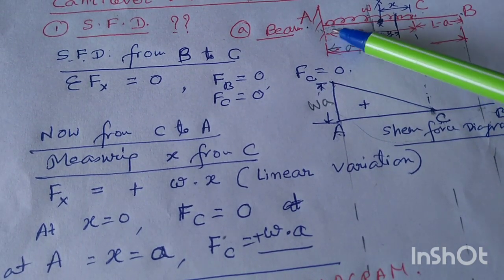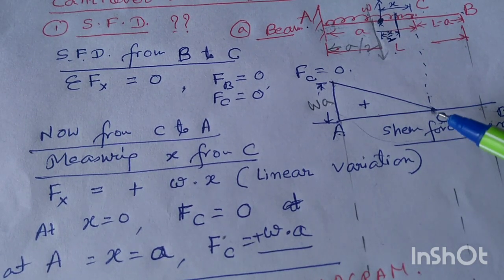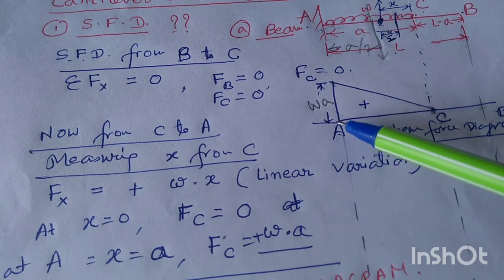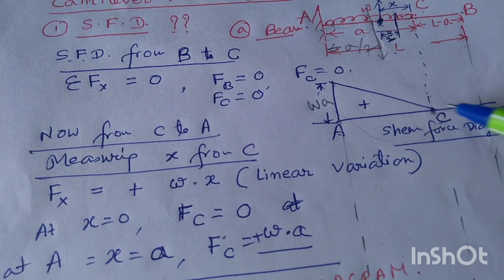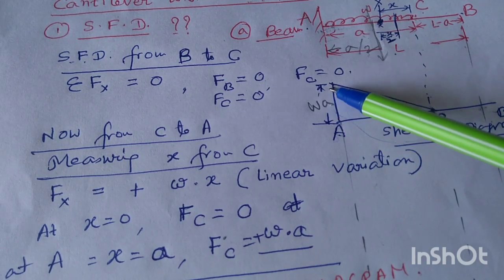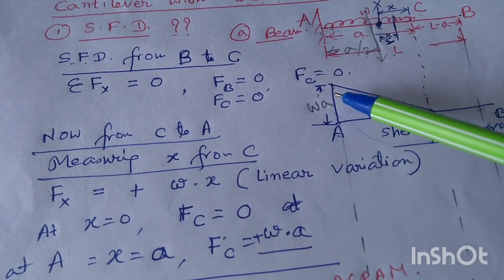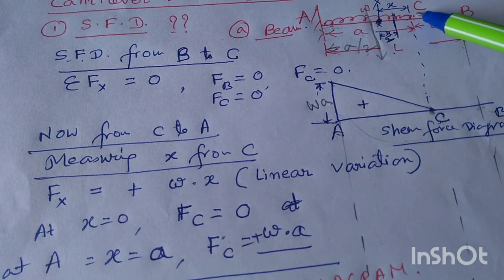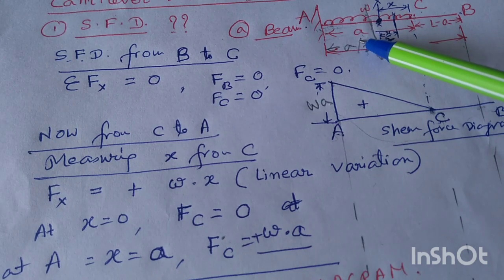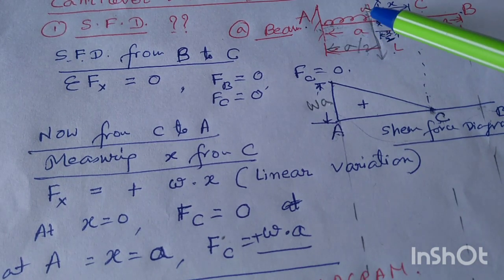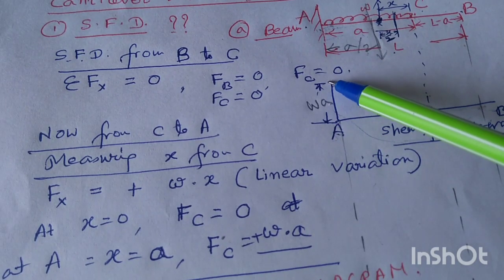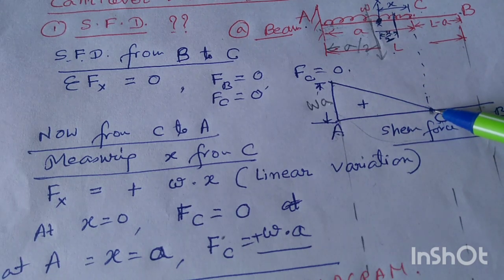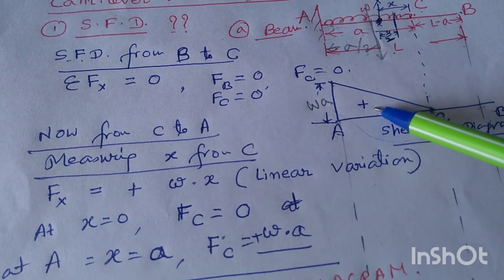Since it is UDL, the shear force diagram will be linear and it will go up to this point, and this will be W into A. Just you put here and you will get this point and just draw a slant line, a straight line meeting at C. And why this is positive?